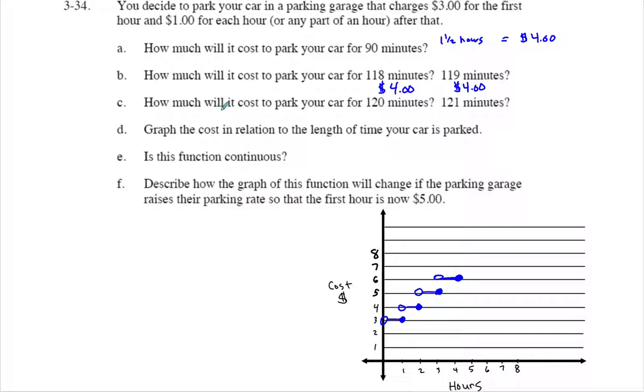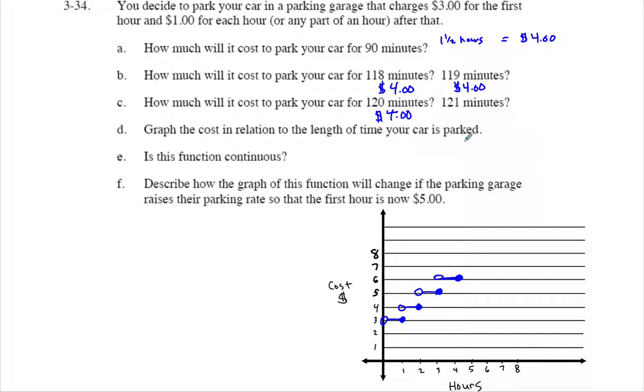Then it says, how much will it cost to park your car for 120 minutes? Well, once we hit 120 minutes, we are still getting charged just for 2 hours. We haven't gone over that. So that would also end up being $4. Oops, I put 4 o'clock. I meant $4 there.